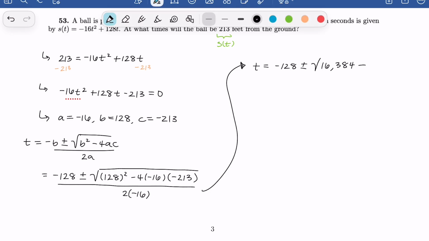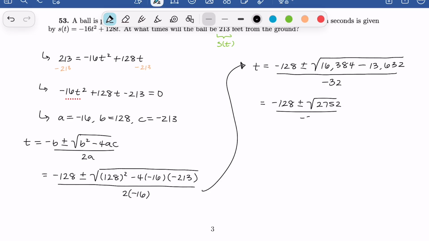It's going to give us a negative 13,632. And then we're dividing this entire thing by 2 times negative 16, so that'll give us a negative 32. Let's keep simplifying this here. Underneath our radical, we're going to have a positive 2,752. And then we'll go ahead and simplify this.